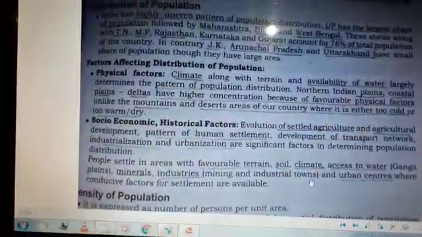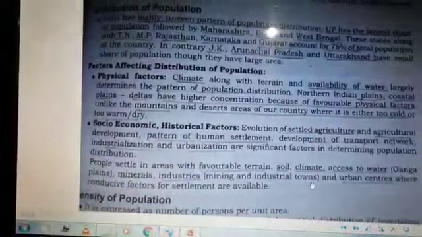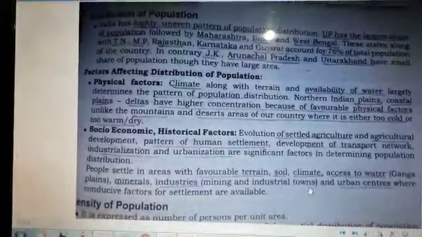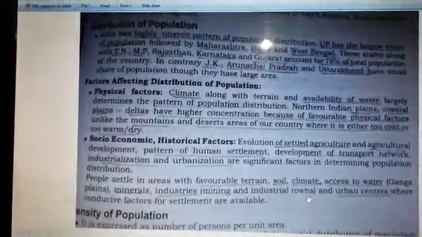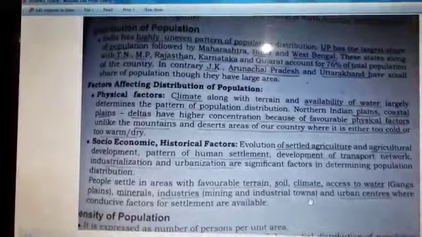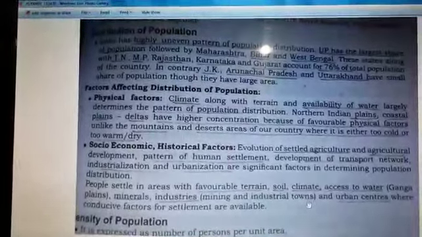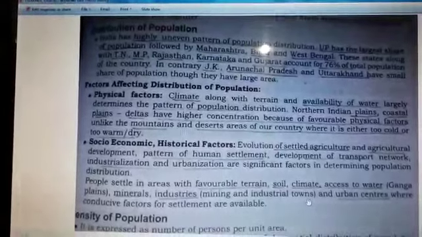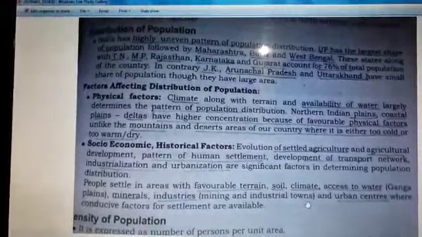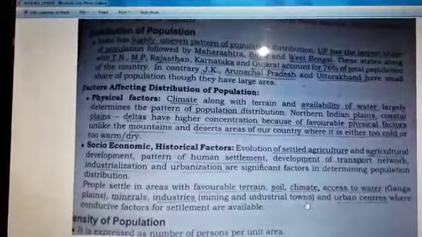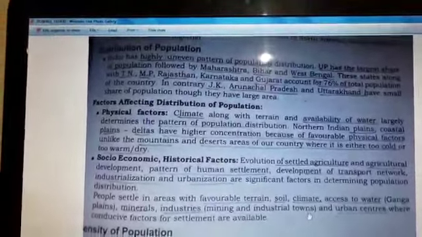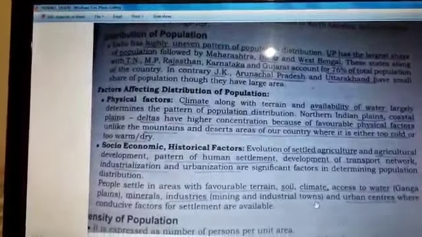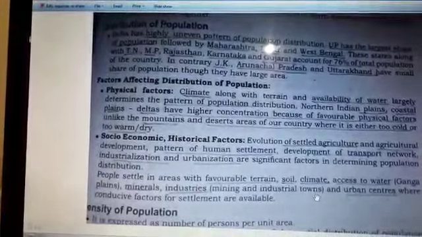In India, like Maharashtra and Gujarat, cotton textile industries, West Bengal for rice and jute industries, right. If we talk about minerals, we have a big belt of minerals which includes Assam, West Bengal, Bihar, Jharkhand, Chhattisgarh, Orissa. So this whole belt is quite highly dense and populous. So these factors also play an important role, right?